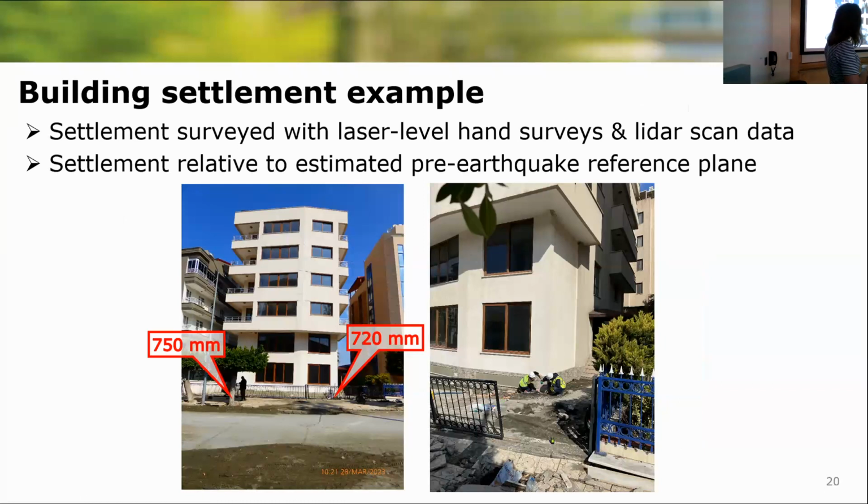Our reconnaissance consisted of laser level hand measurements, so selecting a place that was assumed to have not settled or been displaced by the earthquake, far enough from the building not to have influence. You can see the laser level right here, and then measuring where that laser level falls on the building and measuring from the base of the building up to that laser point.